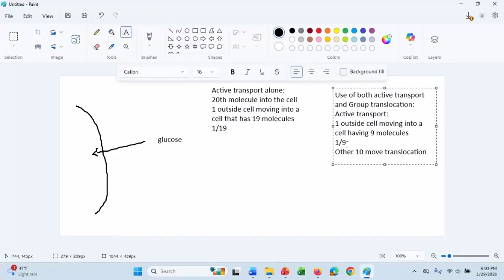And the last one to move in will be 1 outside the cell, moving inside.